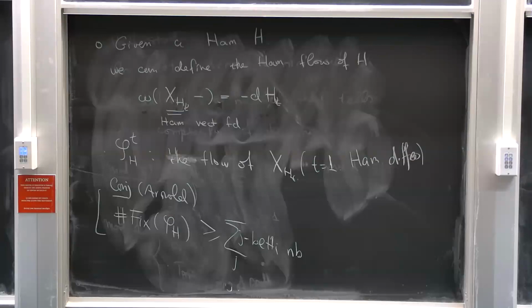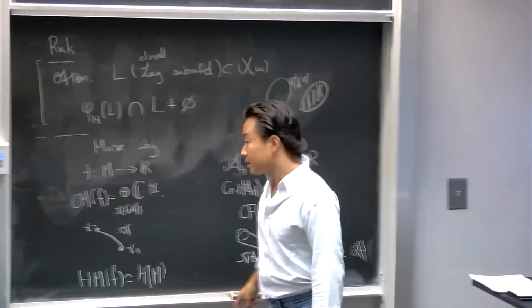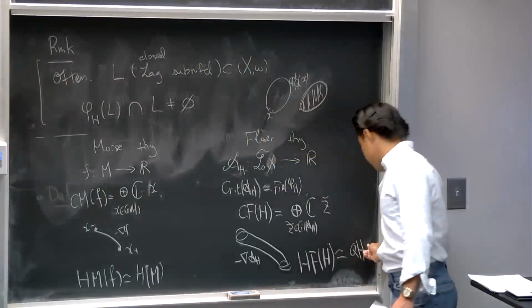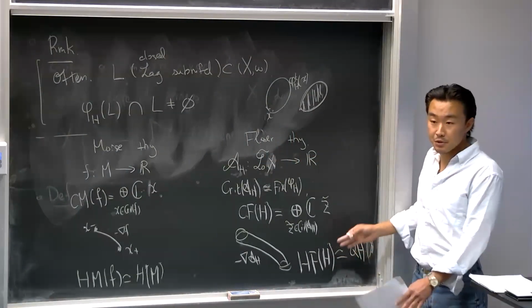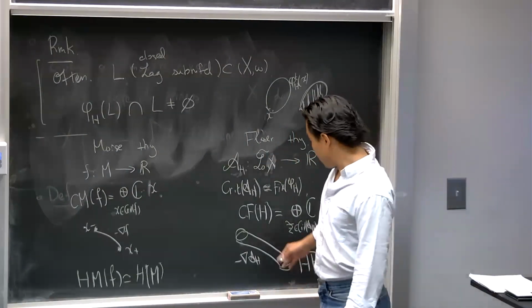You count them, and you get a chain complex, which is highly non-trivial. And then you end up getting some homology, isomorphic to quantum cohomology, but as a vector space, the usual singular homology.